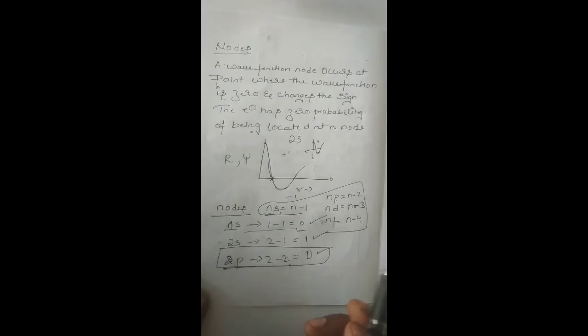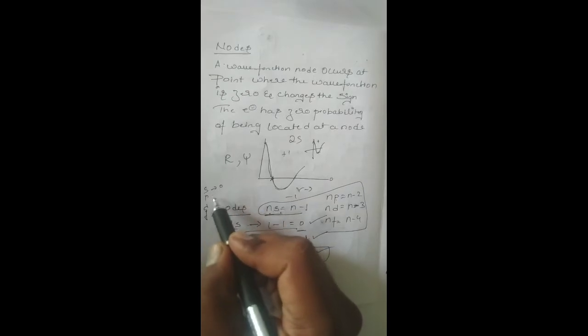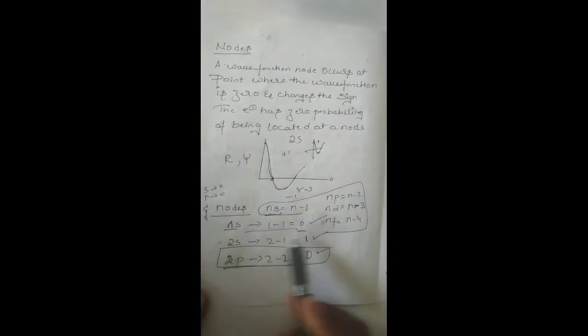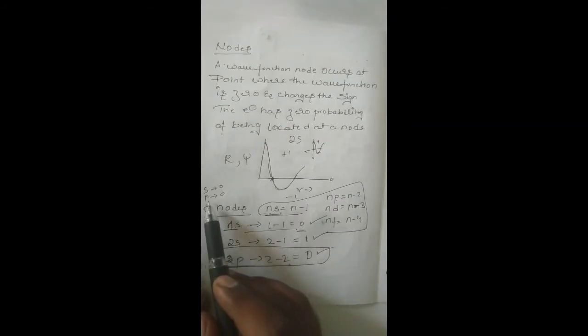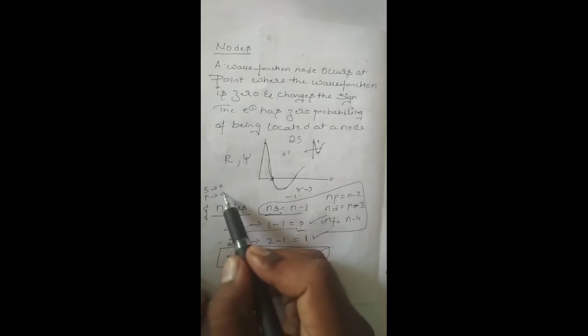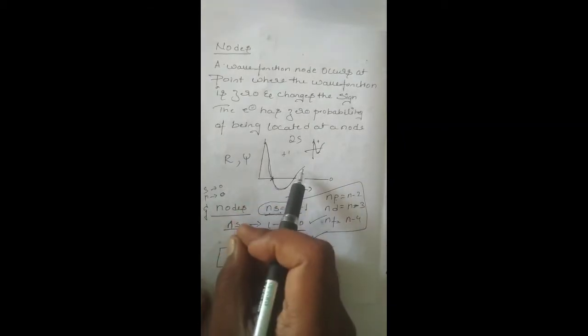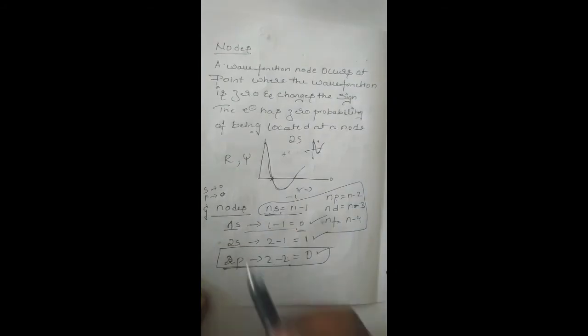For 2p, 2 minus 2 is 0. Similarly for d and f, nodes start from 0 only for particular orbitals.